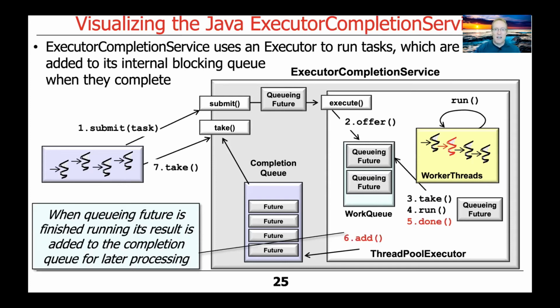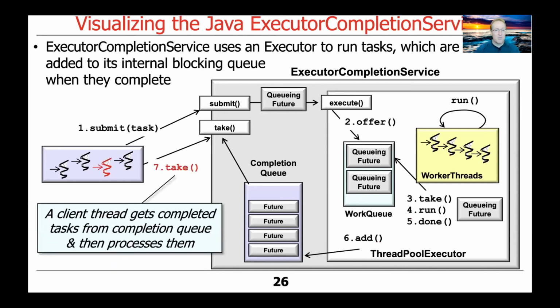When it's finished, it will call the done hook method on the queuing future. As we'll see shortly, the done hook method will add the result of running the computation onto the completion queue as a completed future.